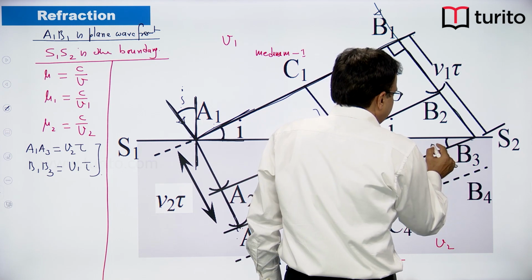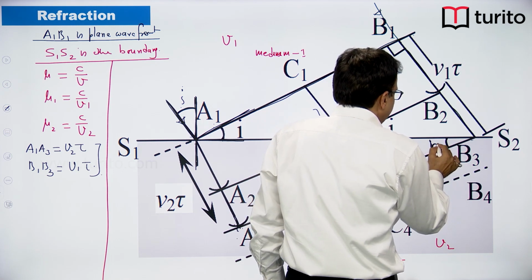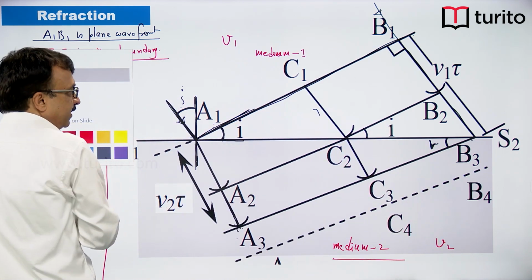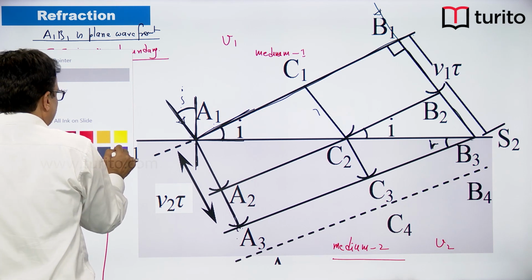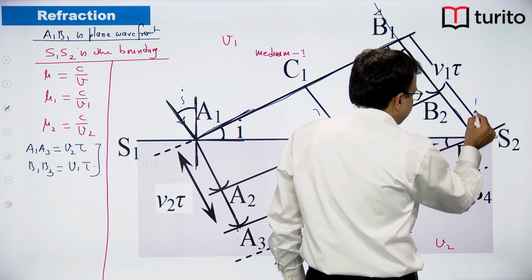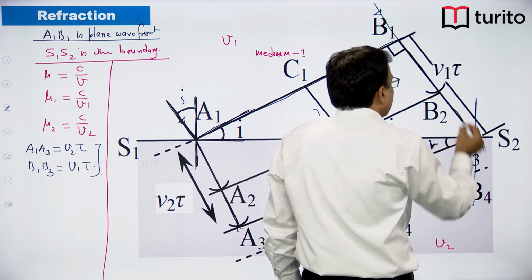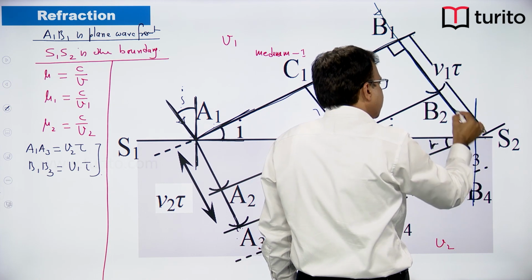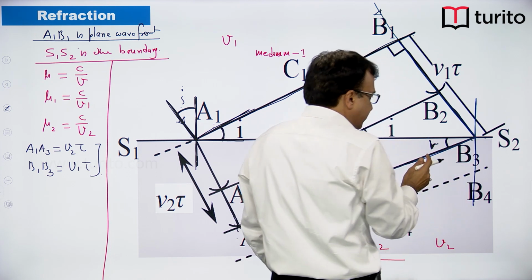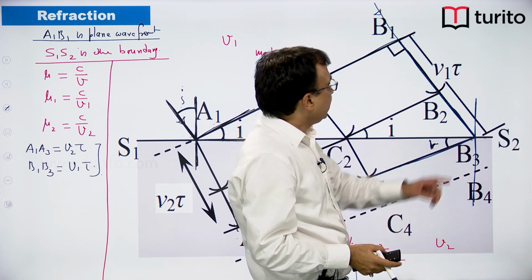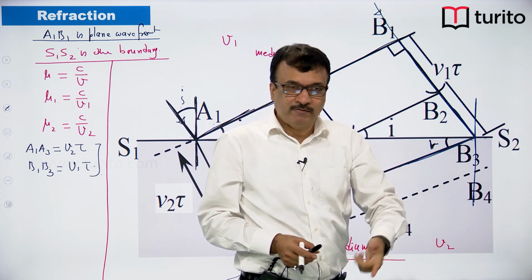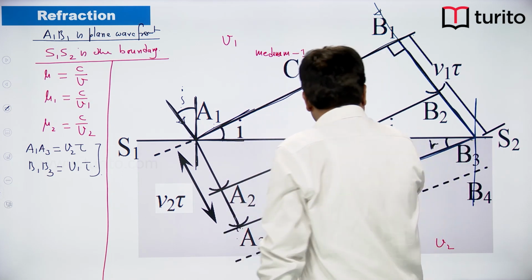If this angle is R, then this is the angle of refraction, remember. Let me explain how this angle is the angle of refraction. This is the boundary, then this is the normal. A ray of light is perpendicular to the wavefront, so this is the incident ray, and this is the refracted wavefront. Refracted ray will be perpendicular to the refracted wavefront, which is A3 B3.